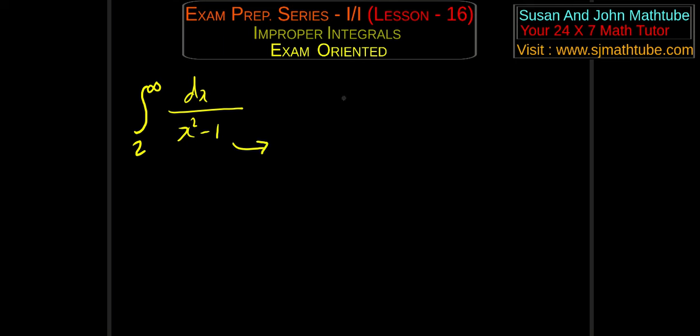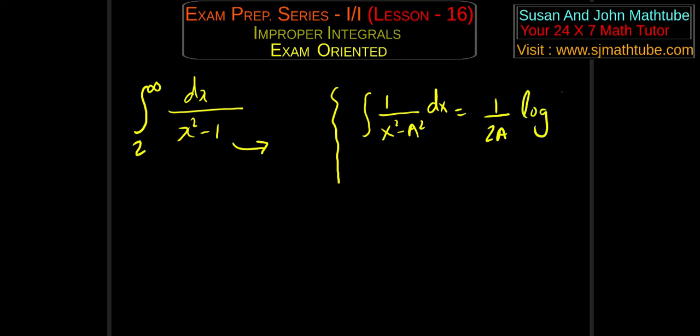So I'll give you the formula so that you will be able to integrate. Integral 1 by x square minus a square is 1 by 2a log mod x minus a by x plus a. If you want to use the formula directly, it's a good idea.